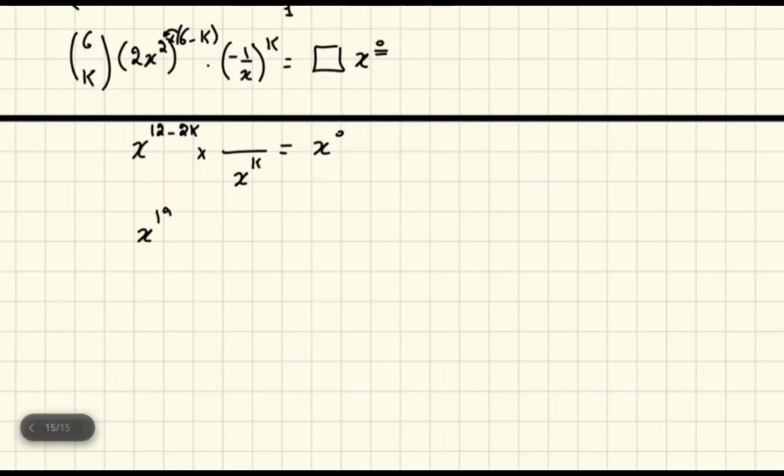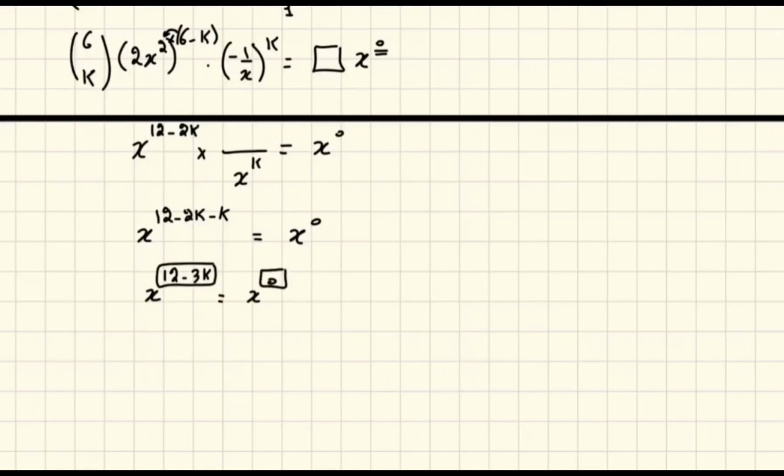So we get 12 minus 2k minus k equals x exponent 0, so x exponent 12 minus 3k equals x exponent 0. Now this is equal to 0, and we solve for k. K will be 4 in this case.